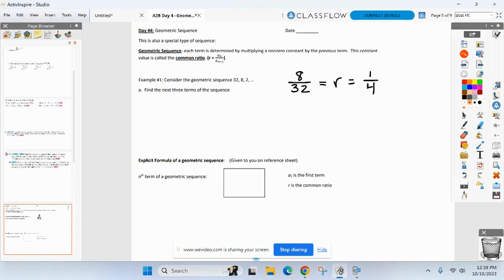So the next 3 terms: 1/2, 1/8, and 1/32. Yep, good. Questions? Okay.